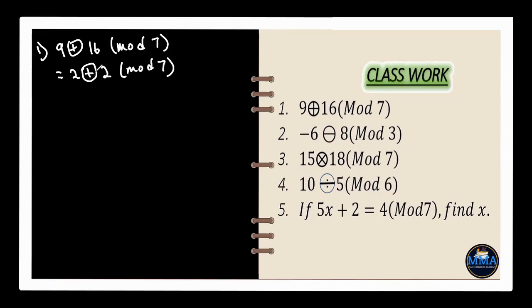So you now add these values together. 2 plus 2 gives us 4 mod 7. So we move on to the next, number 2.